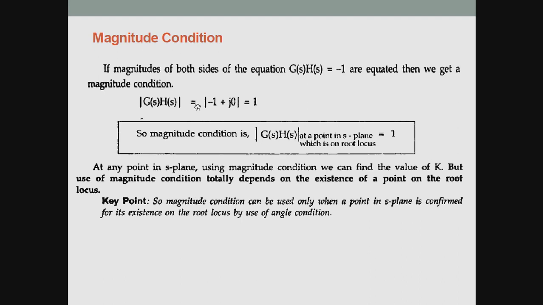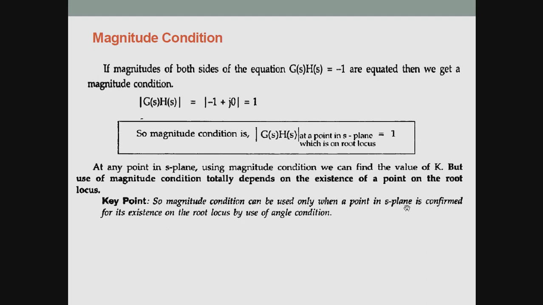Similarly, in case of the magnitude condition it is also the same. For g of s and h of s, the magnitude condition should be equal to 1. If this is satisfied, then we can say that the root locus exists on that plane.